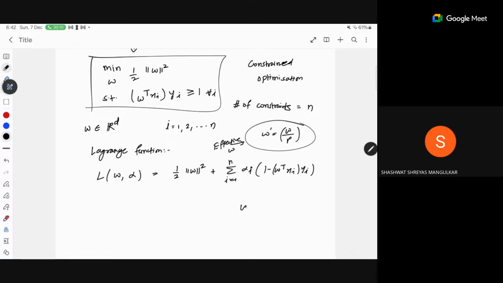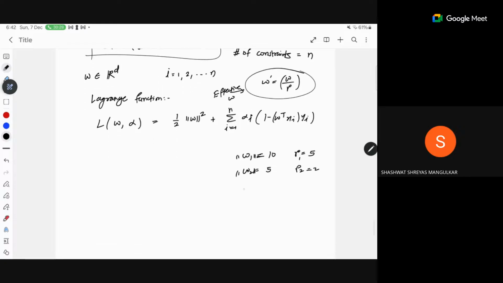So suppose my W1 is some vector, let's say length 10. Gamma is 5. W2 is another vector, let's say length 5, gamma 2 equal to 2. W3, the length is, let's say, 7, gamma 3 equal to, maybe 3.